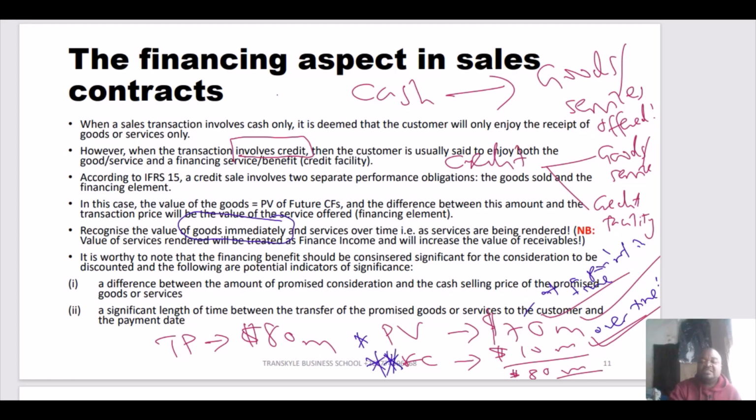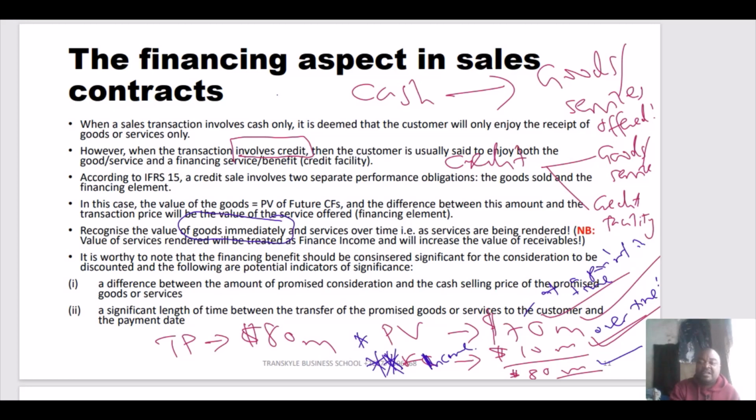This figure of finance income, the finance income component, should be a significant figure. So the difference between the promised consideration and the cash selling price.